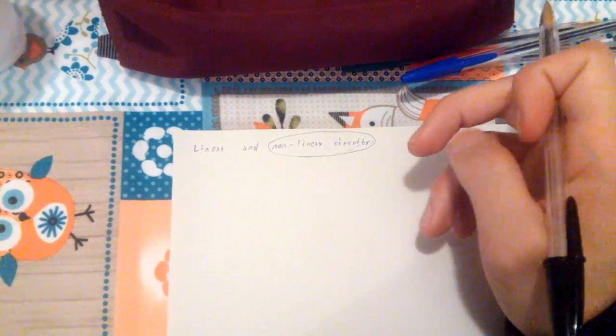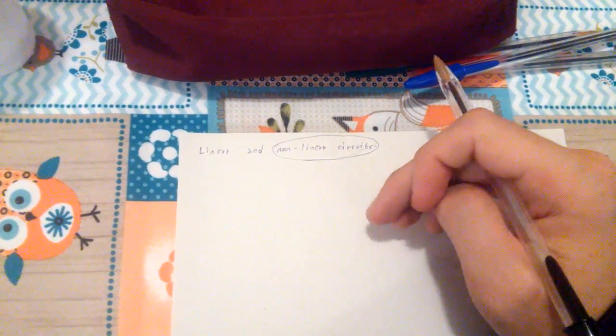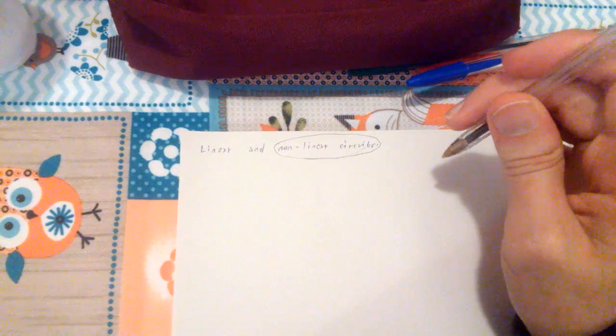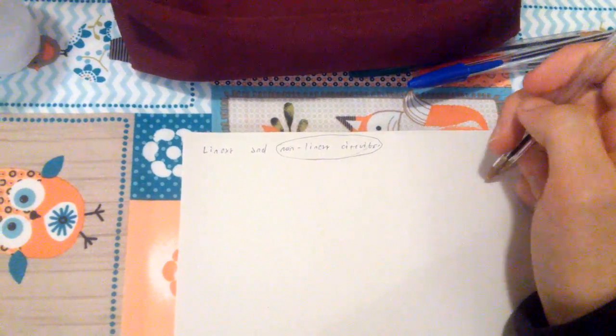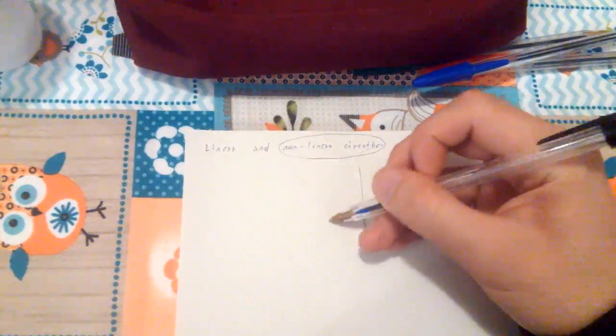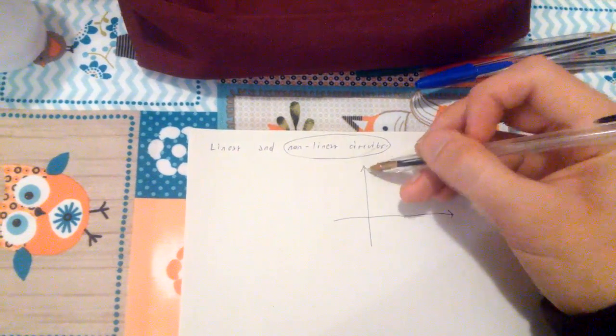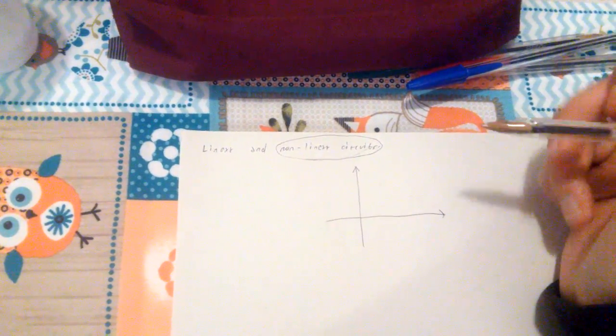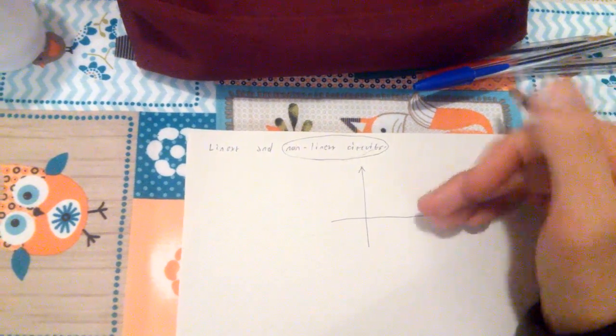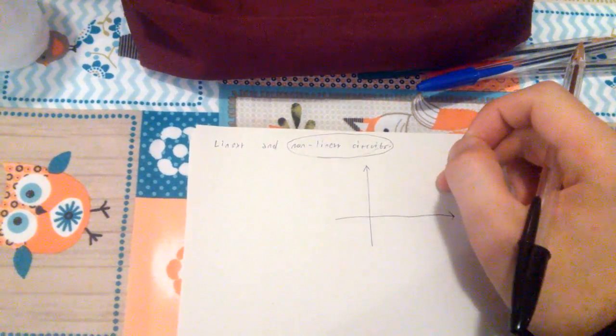So linear circuits are essentially circuits whose characteristic given by the voltage-current plot can be represented by a straight line.